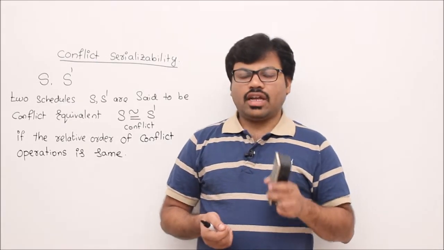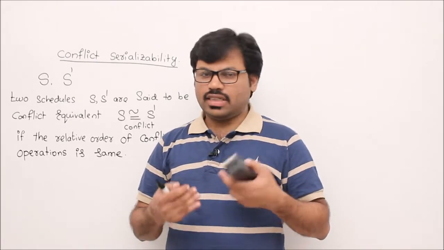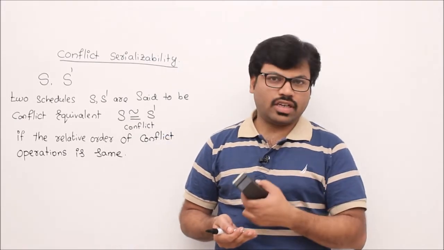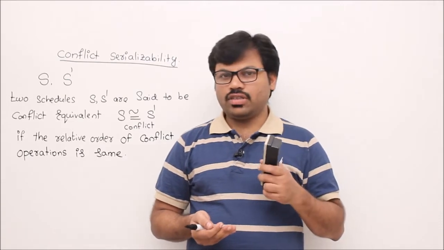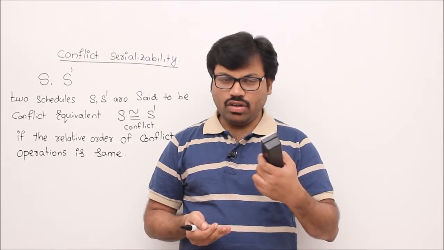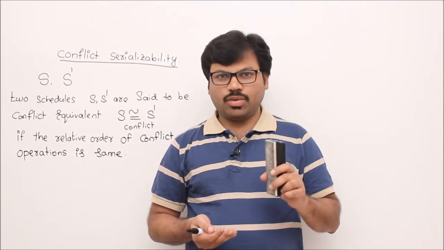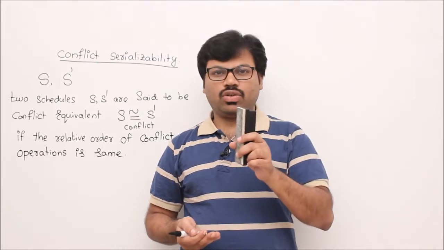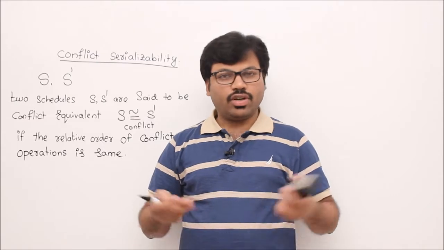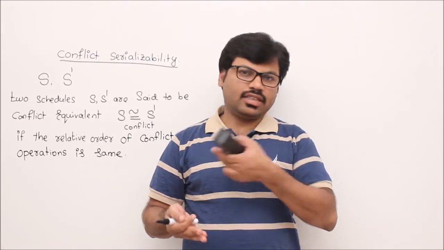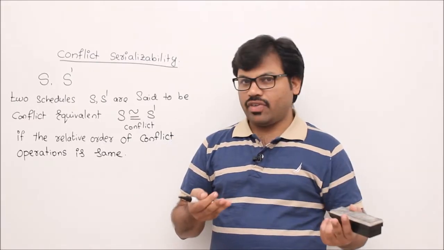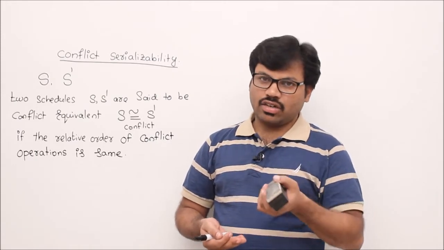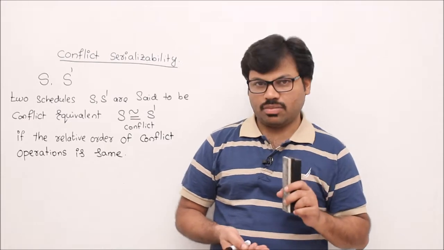Every serial schedule is a good schedule because it doesn't have any side effects of concurrency, right? Now I have some concurrent schedule, and using conflict serializability, I prove that this schedule is equivalent to some serial schedule. If I do that, what happens? This and that serial schedule both will have the same effect on the database. If the serial schedule is good, automatically this concurrent schedule should also be good. That is my concept.